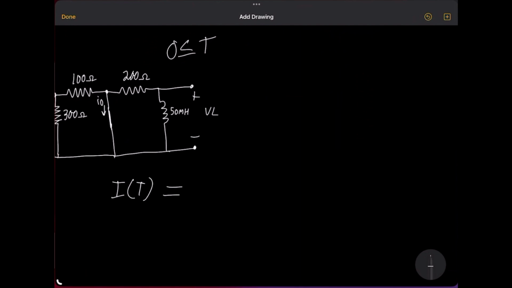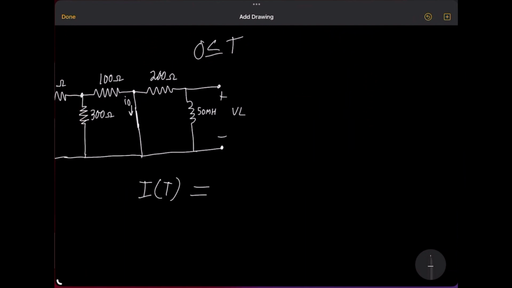So we'll do a KVL, Kirchhoff's voltage law, here. So we know that voltage for a resistor is equal to R times I, and the voltage across an inductor is written as, no, my bad, L di dt.